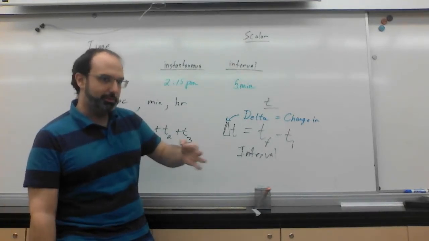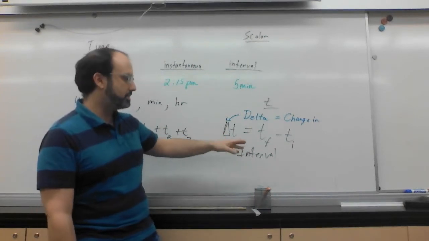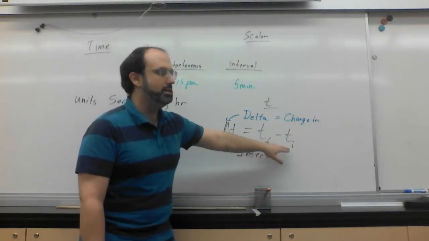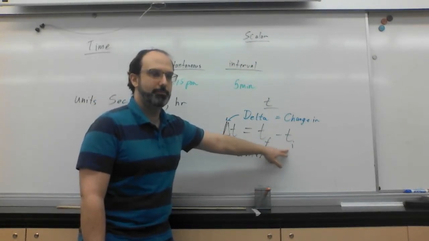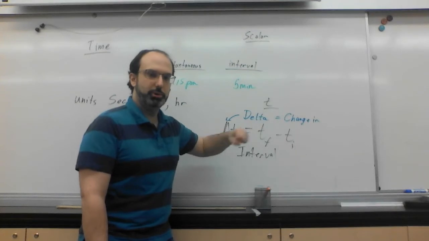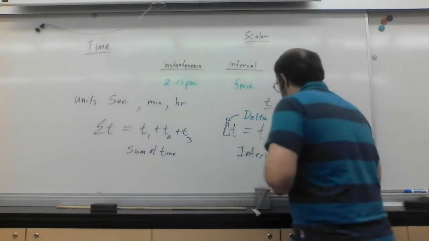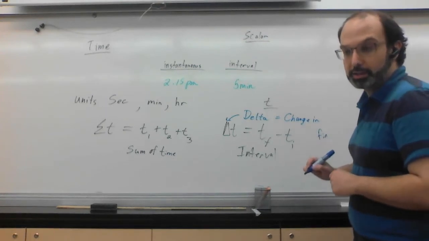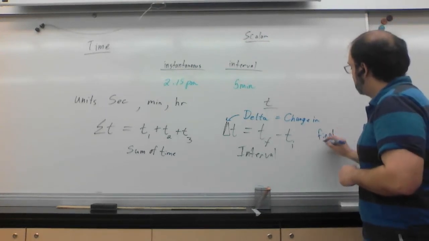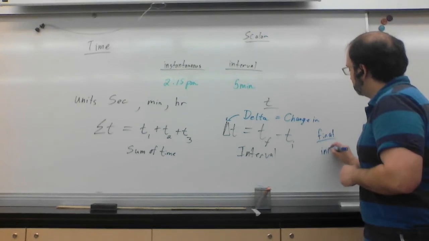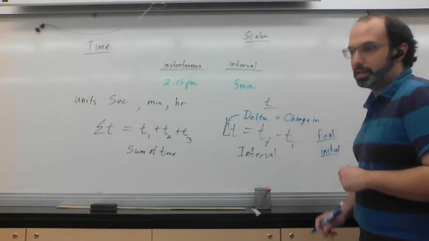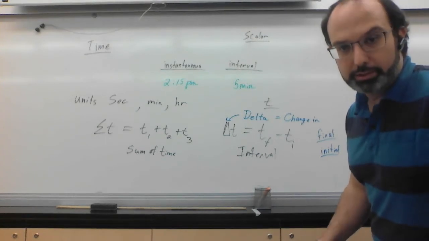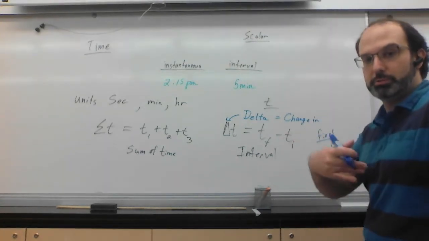Well, just like we were talking about with how do we know when the class ends, final time, that's what the F means, final, minus initial time. That's how we do it. So this final time here, which is one of those blanks here, final and then initial is the other blank, is how we work out the time between two things.